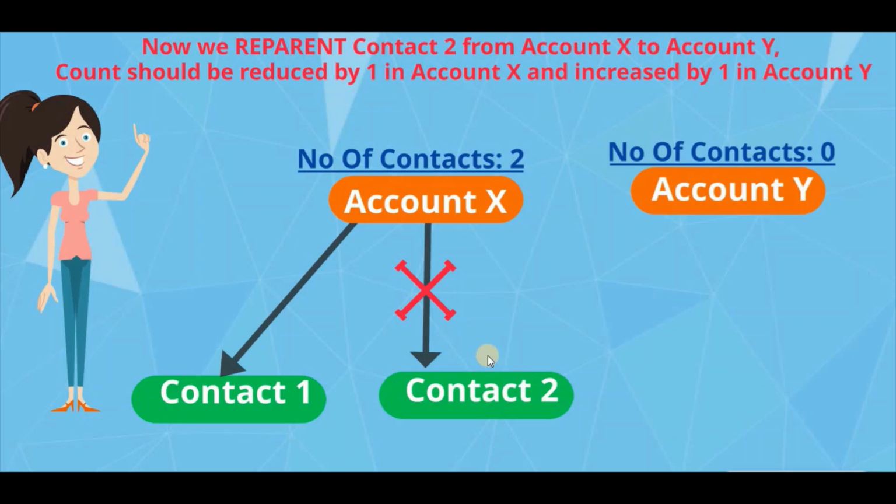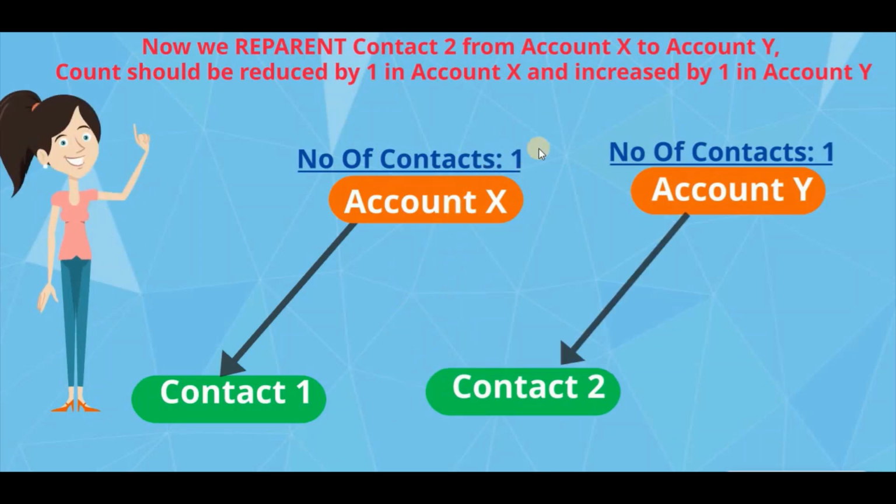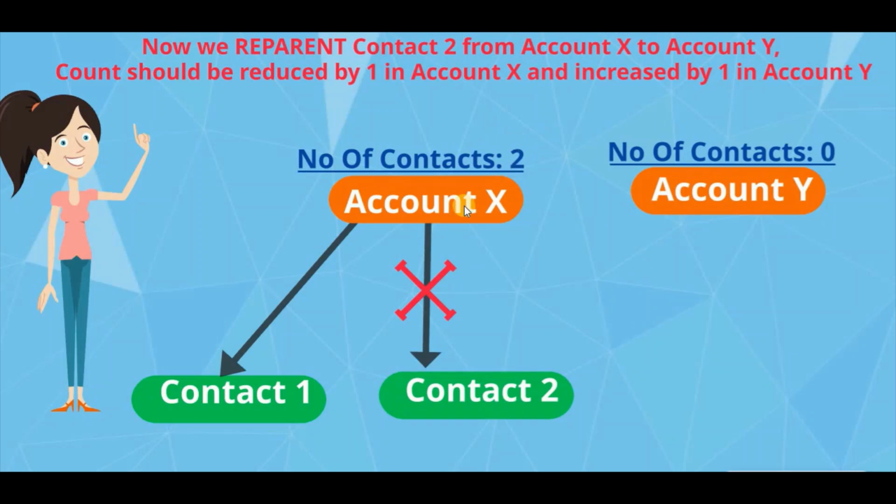In Salesforce. So when this reparenting of contact 2 has been done from account X to account Y, the counts of each account record have to be updated accordingly. Earlier the value is 2 here on account X, right? Because contact 1 and contact 2 both are associated with X. That's the reason it is having 2. Account Y doesn't have any contacts.